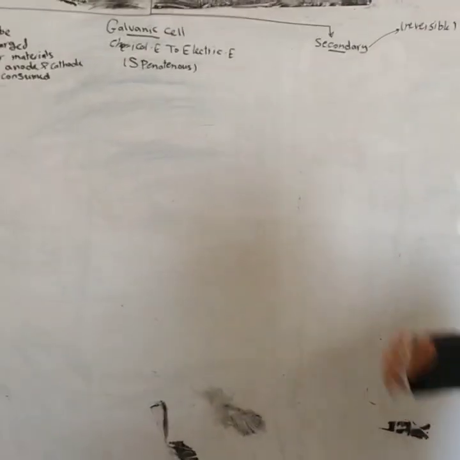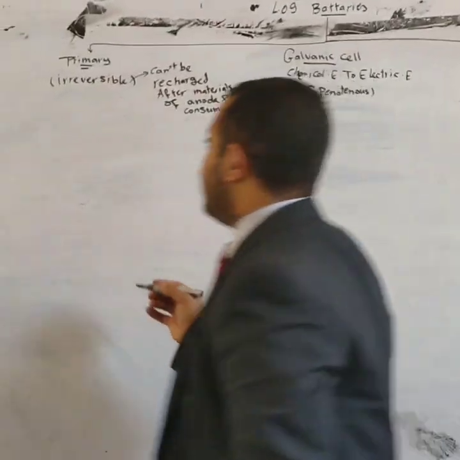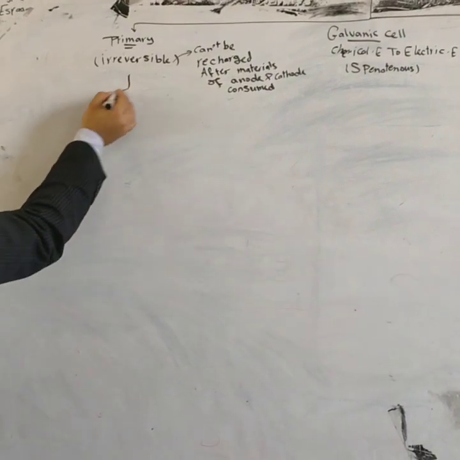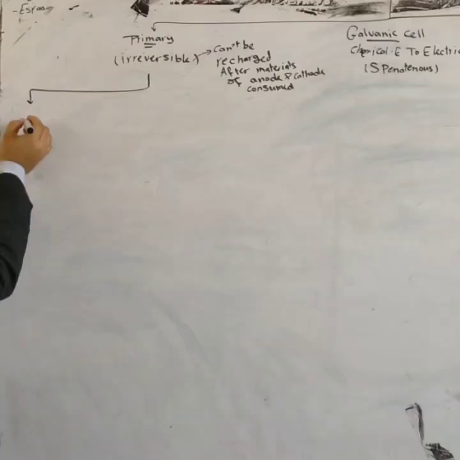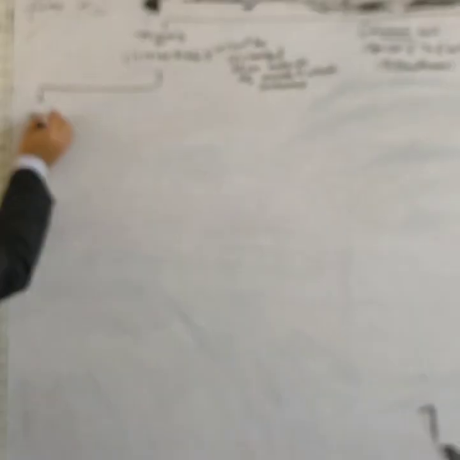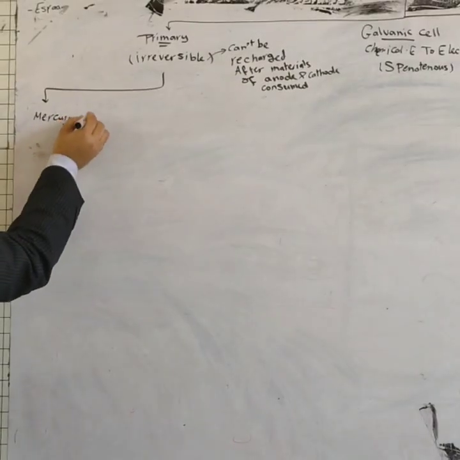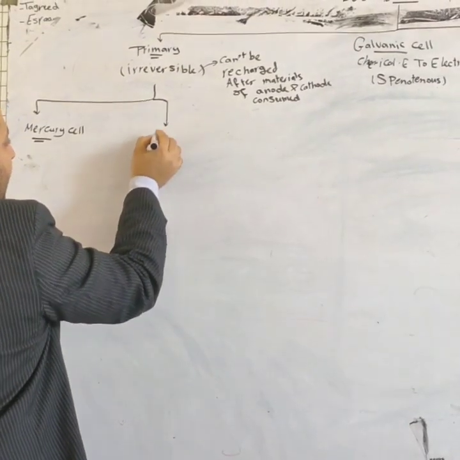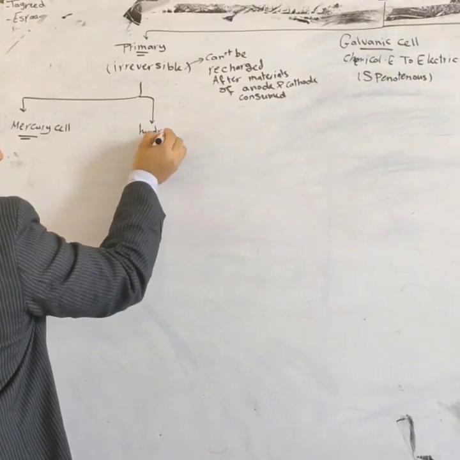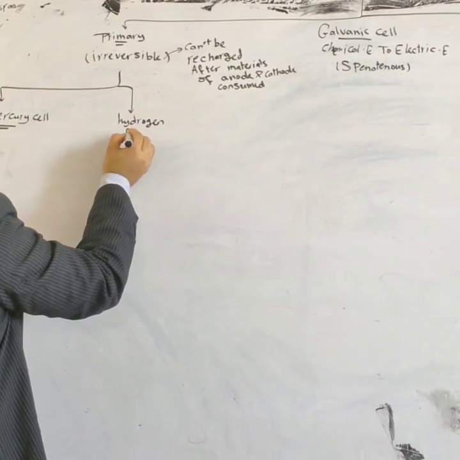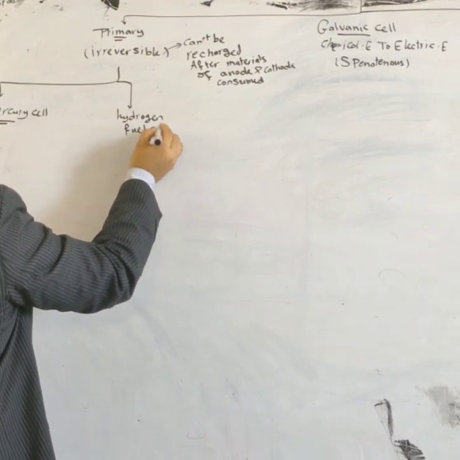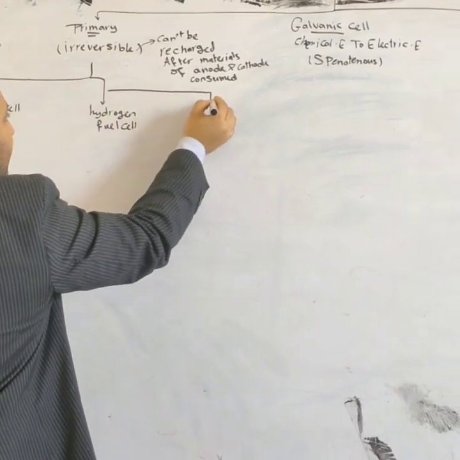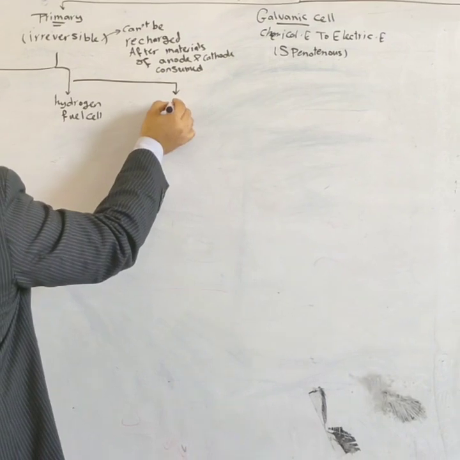Okay, let's talk about the examples. We are going to talk about three examples for the primary: the mercury cell, the hydrogen fuel cell, and the third one, the dry cell battery.